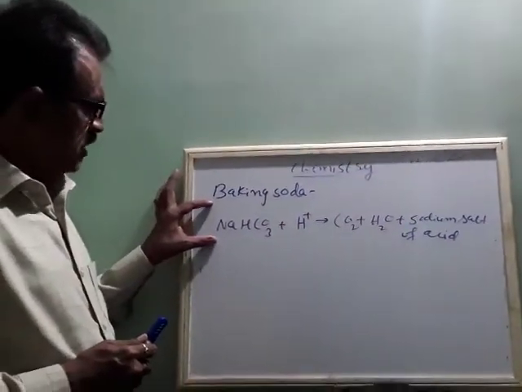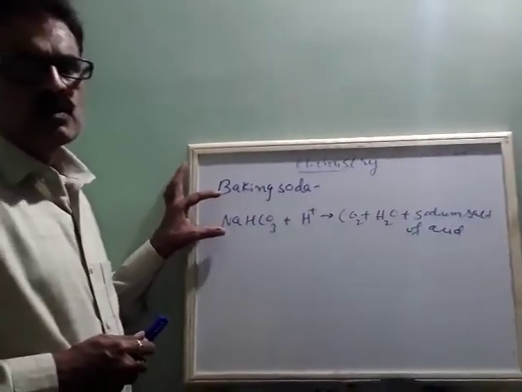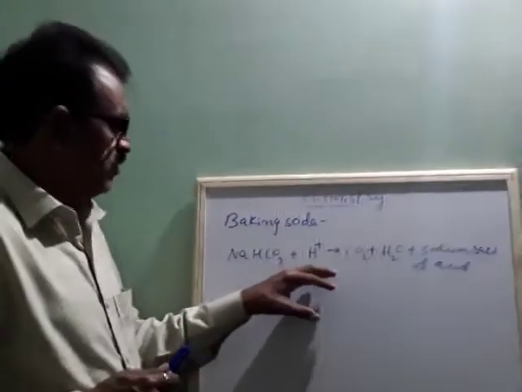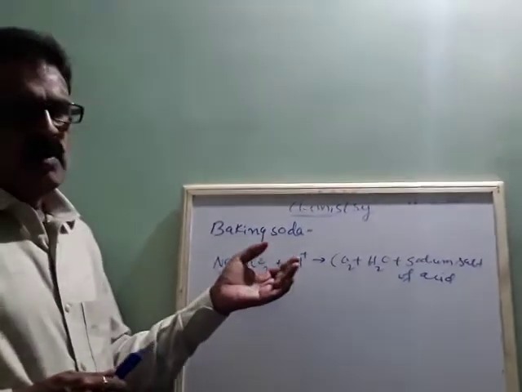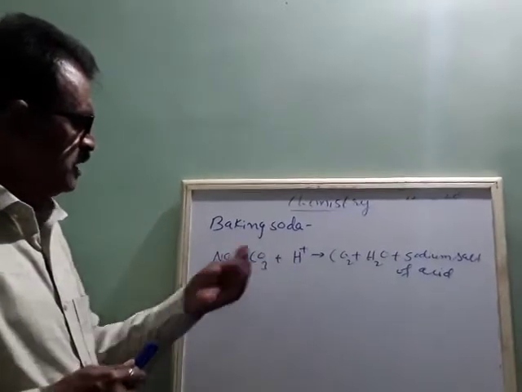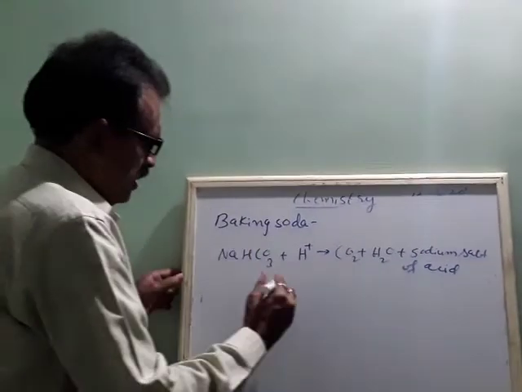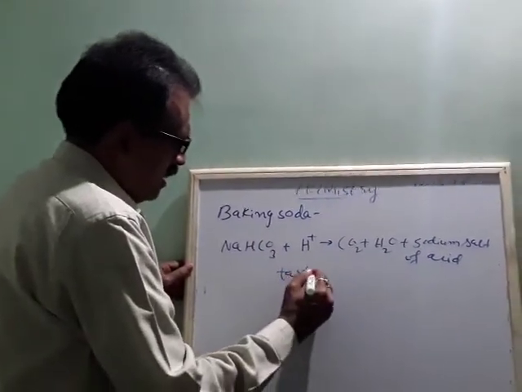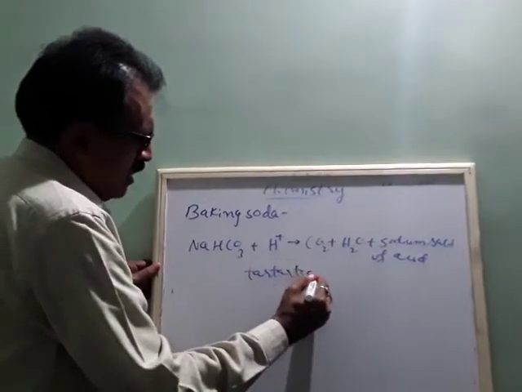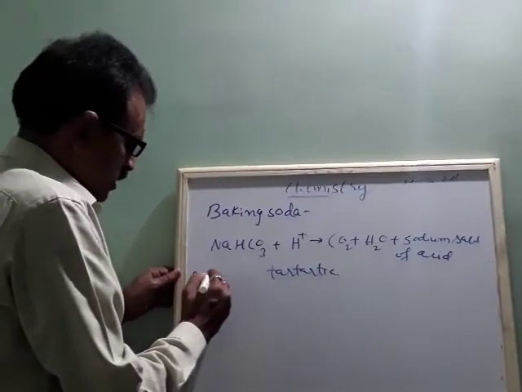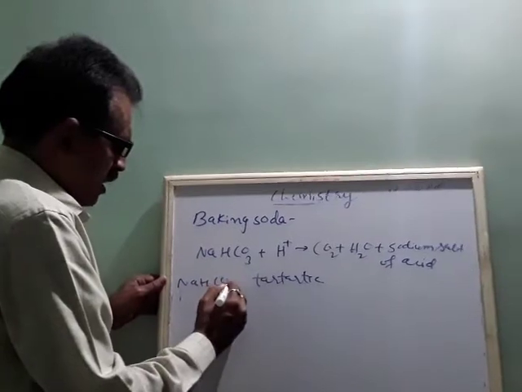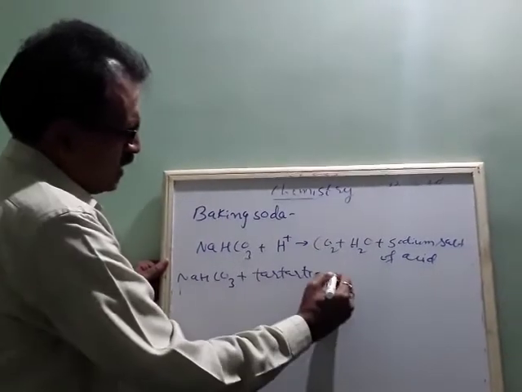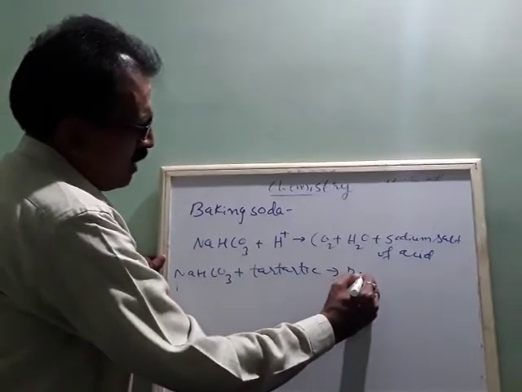So baking powder is nothing but a mixture of sodium bicarbonate and a substance that supplies H plus, which is obtained from tartaric acid, right? So actually the mixture of NaHCO3 and tartaric acid becomes baking powder.